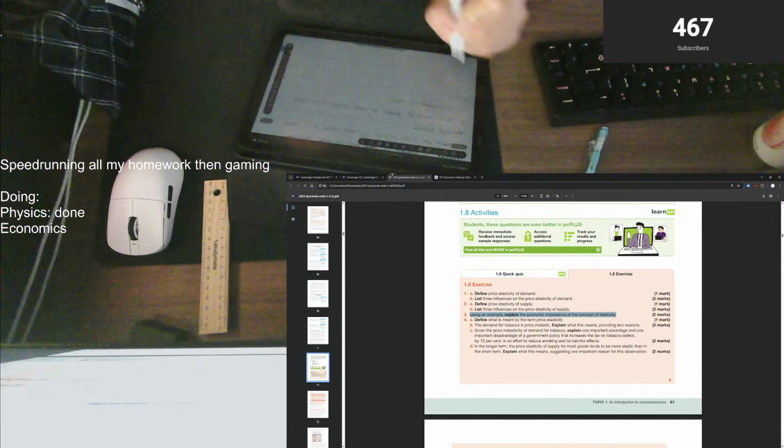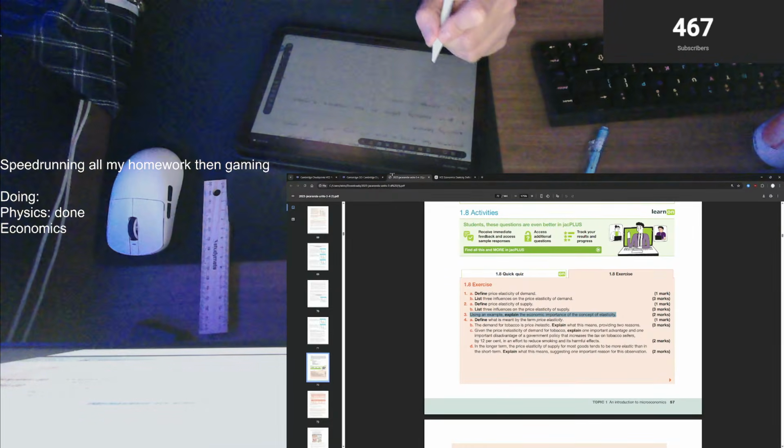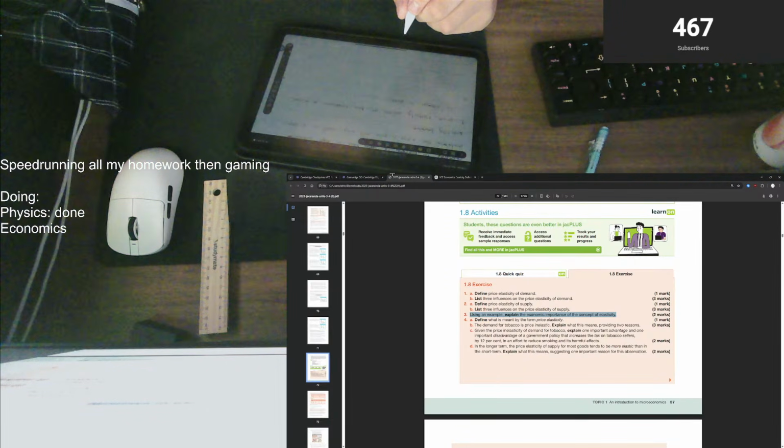B. Demand for tobacco is price inelastic. So what this means, providing two reasons.